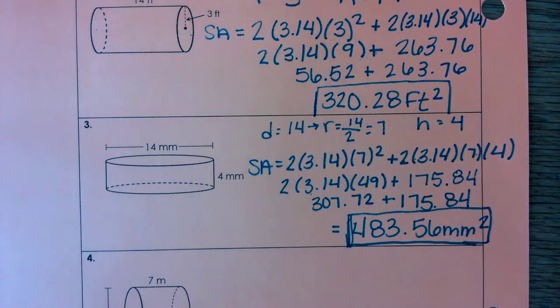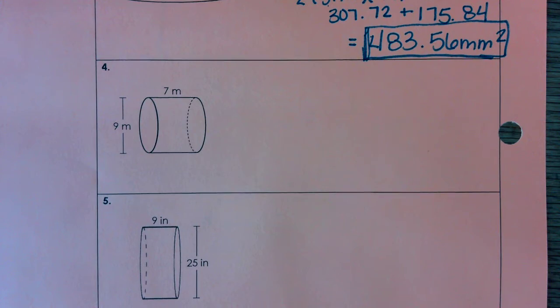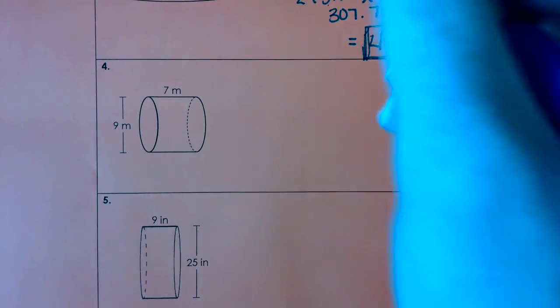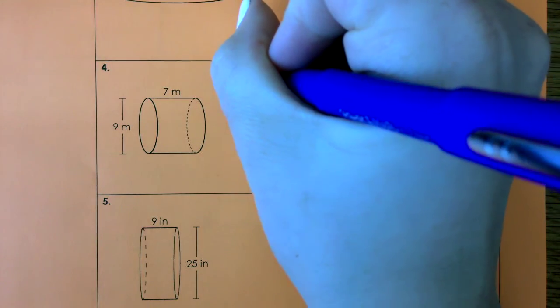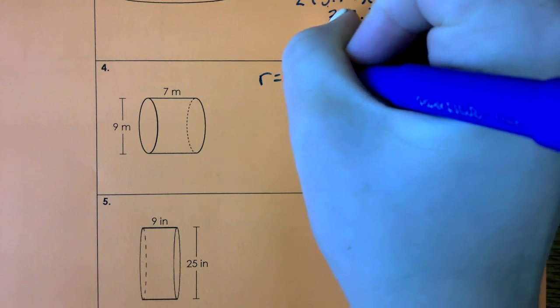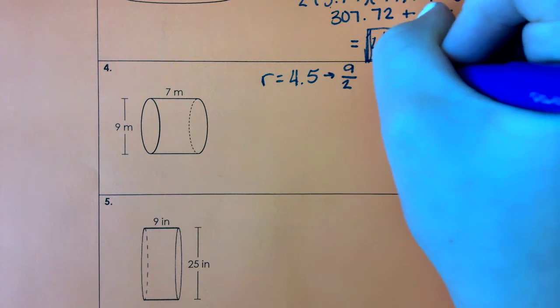What questions do we have? Look at numbers 4 and 5. What would my radius be for number 4? 4.5, because I took my diameter and divided it by 2, and my height would be 7.